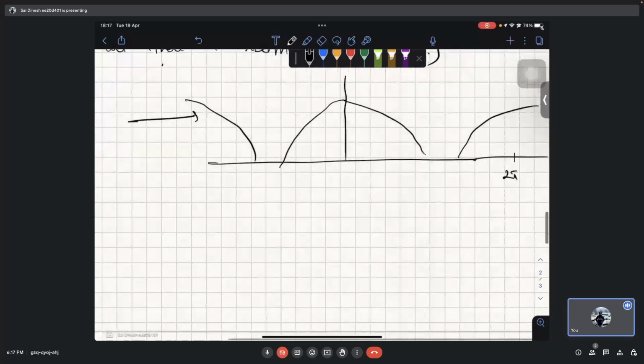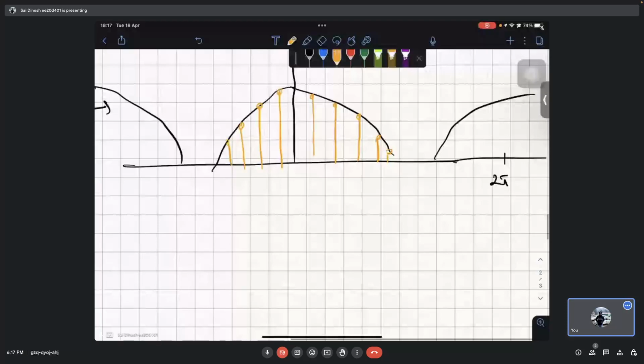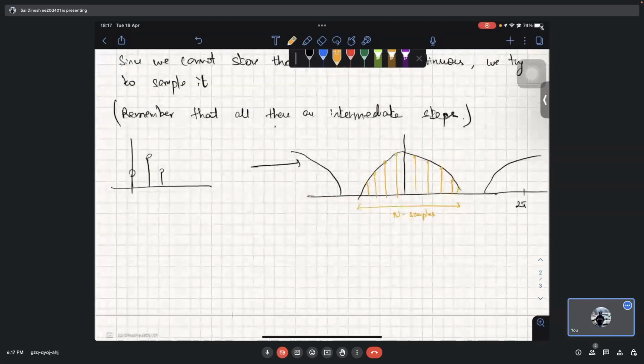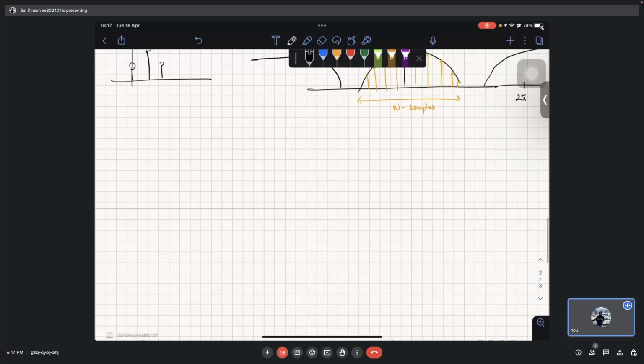So we sample it. Again, let's say this is N samples. So this is N samples, right? So we see that sampling in one domain causes periodic repetition in the other domain.